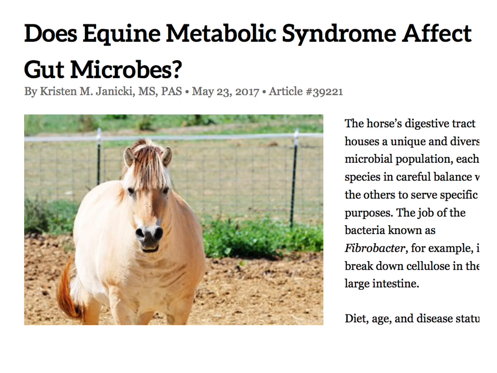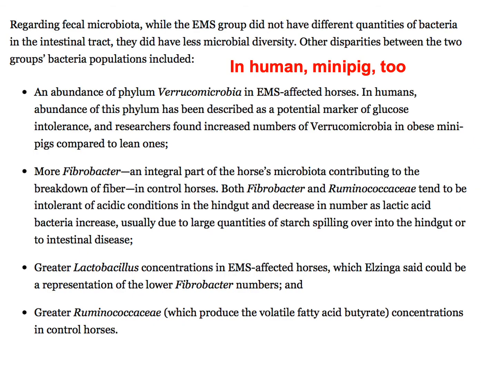And also here stands the question, does equine metabolic syndrome affect gut microbiome? Yes. And you see that both in horse, in human and minipig, the abundance of phylum Verrucomicrobia is altered in equine metabolic syndrome.